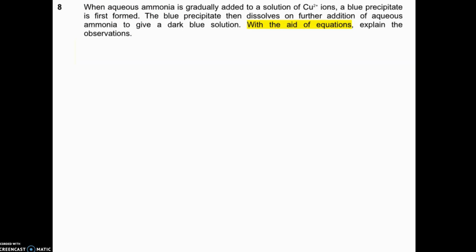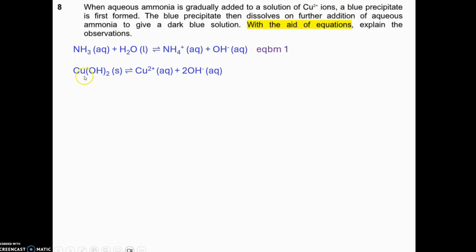So the equilibrium we're going to write is the dissociation of ammonia in water to give you hydroxide ions, and we're going to call this equilibrium 1. The second equilibrium will be the formation of the blue precipitate. So Cu(OH)2, which is copper(II) hydroxide, in equilibrium with its ions, so Cu2+ and 2OH-. We're going to call this equilibrium 2.